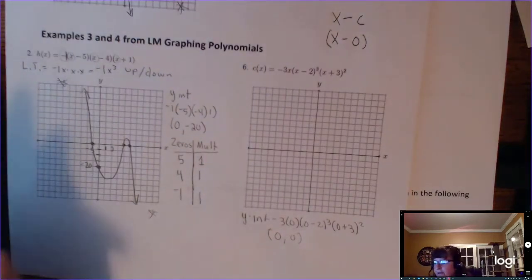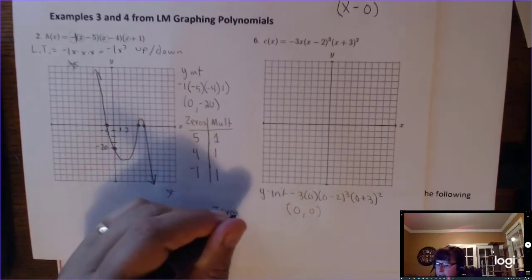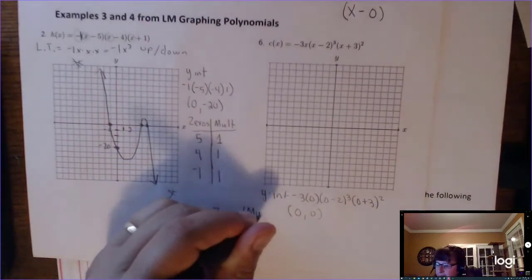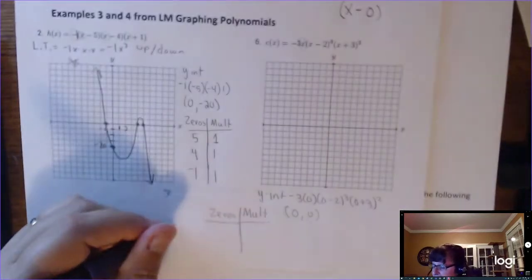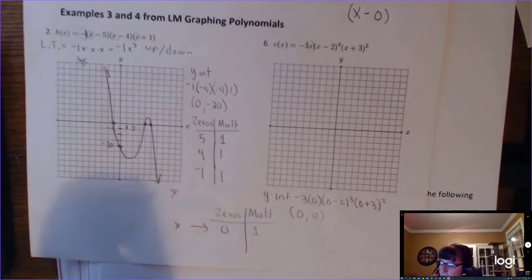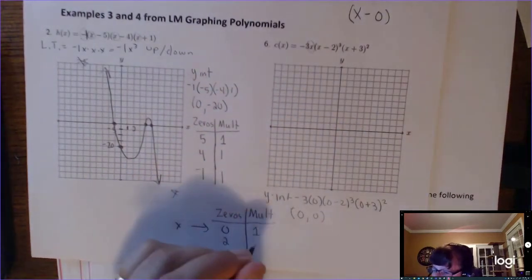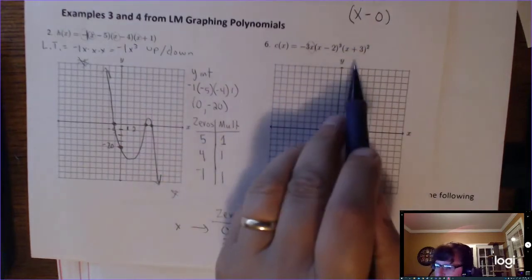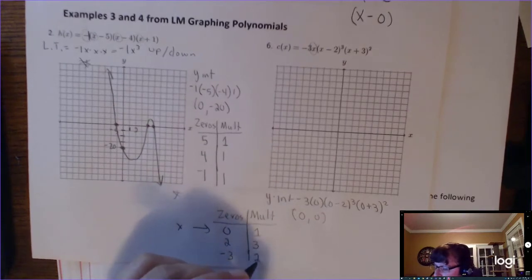So if you have a 0 of just a factor of x, your y-intercept is going to be really boring, 0, 0. Your zeros for this one, people forget about this 0 right here. X is the factor, and it gives you a 0 of 0, and it has multiplicity 1. Then we have another 0 at 2, and it has multiplicity 3, and then we have another 0 at negative 3, and it has a multiplicity of 2.